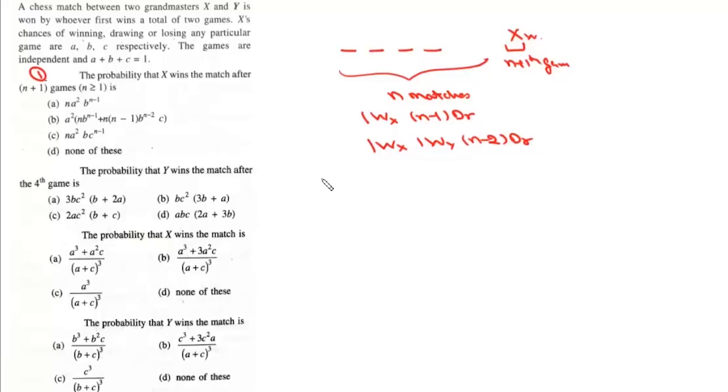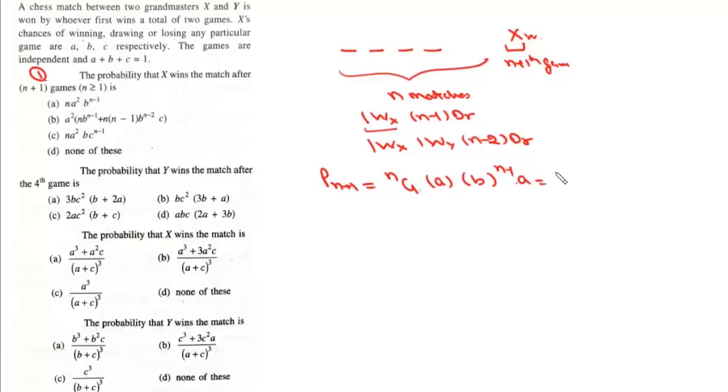Let us call this probability P n plus 1. One win by X: it will be nC1 times A, then n minus 1 draws, B to the power of n minus 1, and in the n plus 1th game A wins.